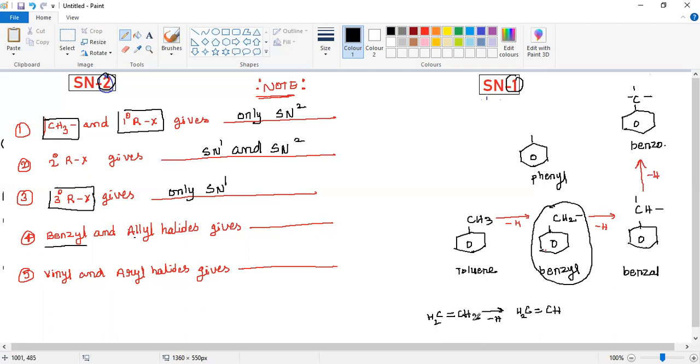What is the IUPAC name of this? Ethenyl. And what is its common name? Vinyl. How is CH2 double bond CH obtained? On removal of one hydrogen from ethene, the alkene hydrocarbon. So vinyl, with attachment of another alkyl group, CH3.